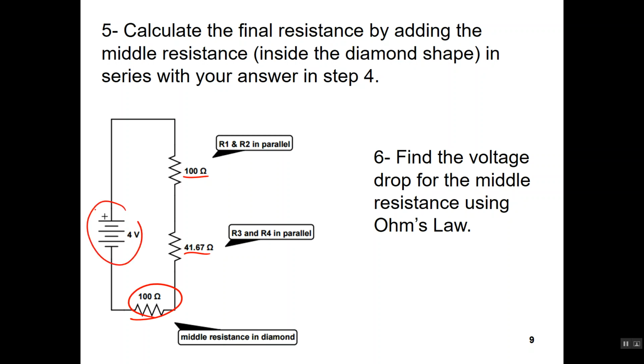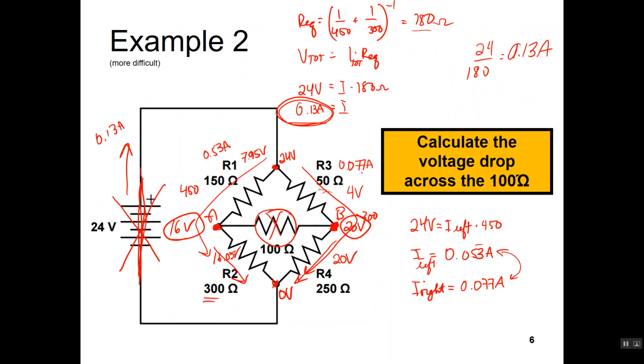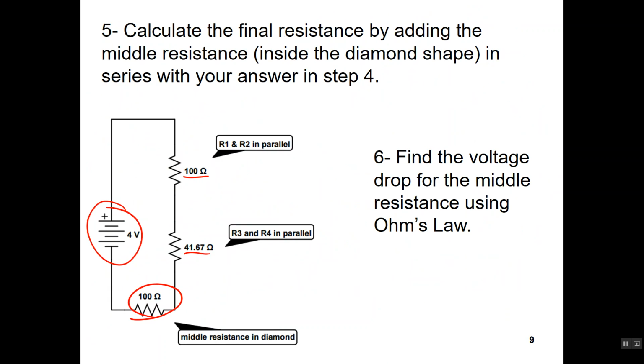Because remember, now we have a 4-volt battery source, not the 100, was it 100 or 24 that we started with, not the 24 that we started with. Now it's the 4 volts that we calculated. And finally, as you've done this, after half an hour of doing mindless math, you can find the voltage drop across this resistor that you're looking for using regular Ohm's law.